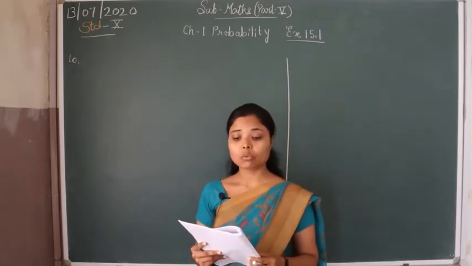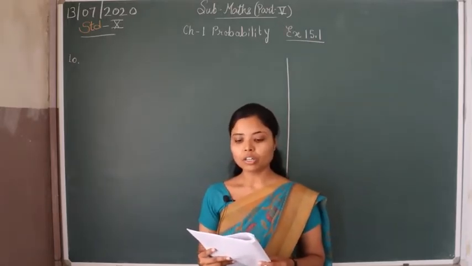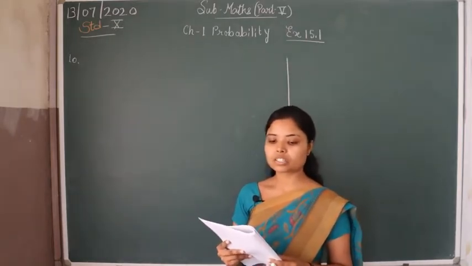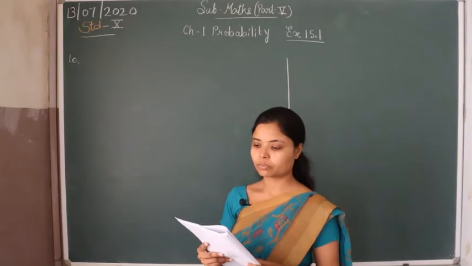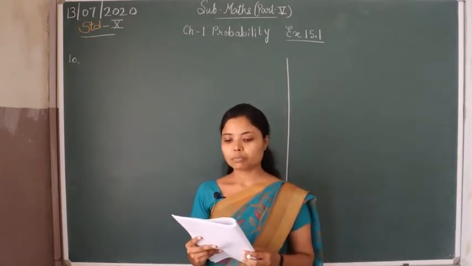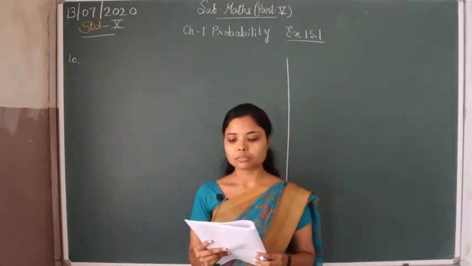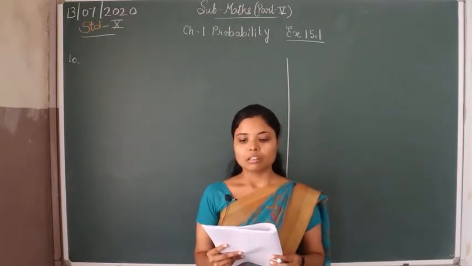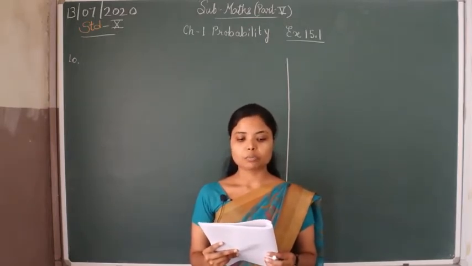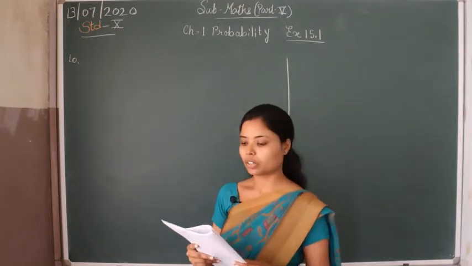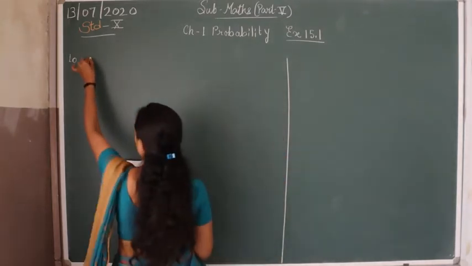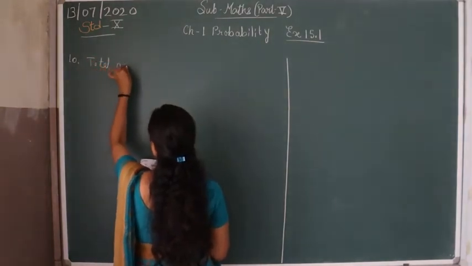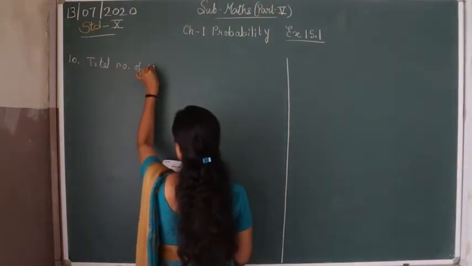If it is equally likely that one of the coins will fall out when the bank is turned upside down, what is the probability that the coin will be a 50 paisa coin, and second, will not be a 5 rupee coin? Firstly, we will count the total number of coins.